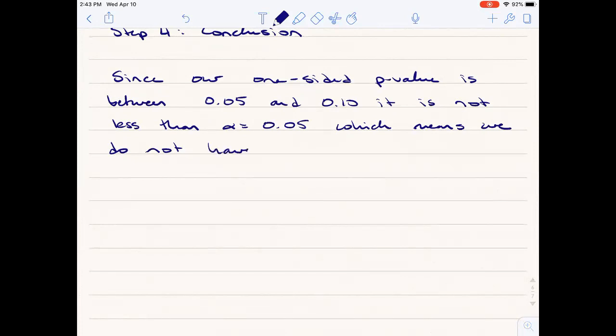We do not have enough evidence to reject H0.